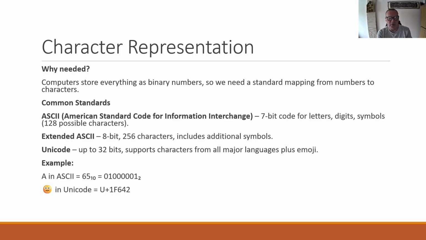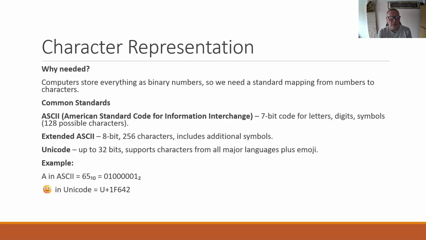So Unicode is used with up to 32 bits. You can have an 8-bit Unicode or 16-bit or 32-bit Unicode, depending on what you need. 8-bit Unicode is exactly the same as ASCII, so they're backwards compatible. Anything already created in ASCII can still be understood if you're using Unicode.